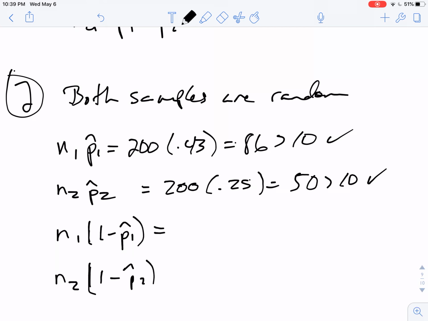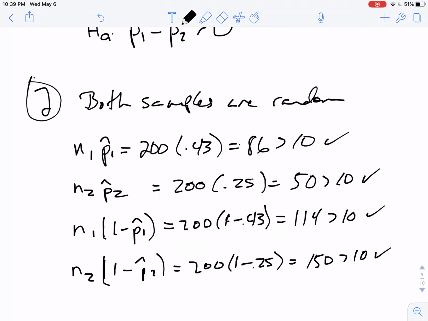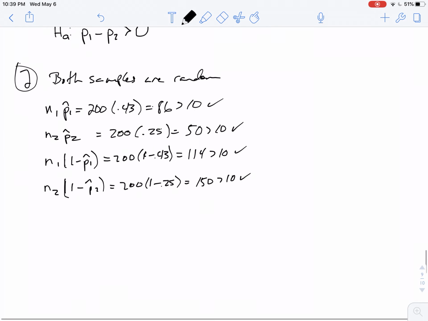So this is 200 times 1 minus 0.43, and this is 200 times 1 minus 0.25. I think I got that all straightened out. So that's 114, greater than 10. This is 150, greater than 10. Those look all right. So all those are greater than 10, so that will indicate that I have a normal sampling distribution.